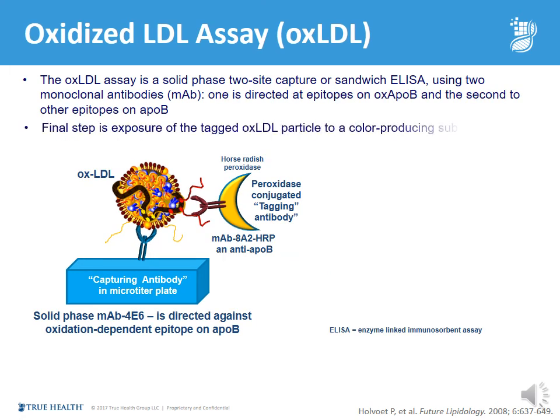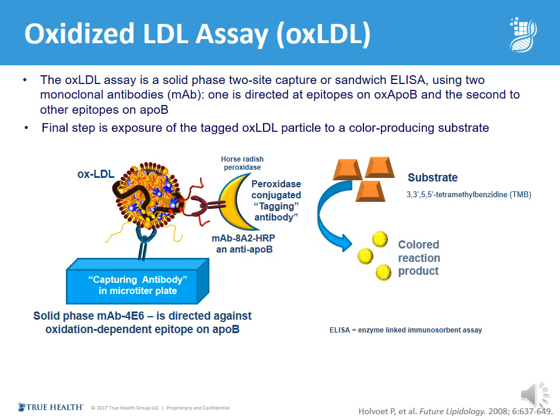Now all the laboratory has to do is expose those bound LDLs with the peroxidase on them to a color-producing substrate called tetramethylbenzidine. And once the peroxidase reacts with this substrate, a molecule which creates colors in various degrees of color intensity is formed.